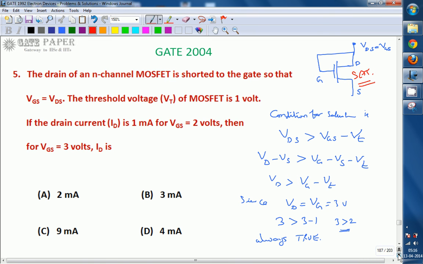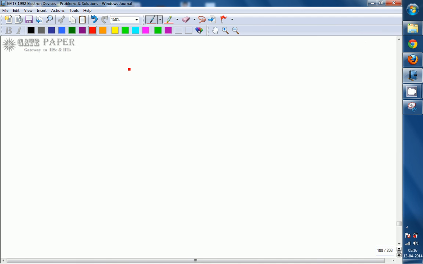So now we will decide. We know the current equation in saturation: ID is beta times (VGS minus VT) whole square, so ID is proportional to (VGS minus VT) whole square.